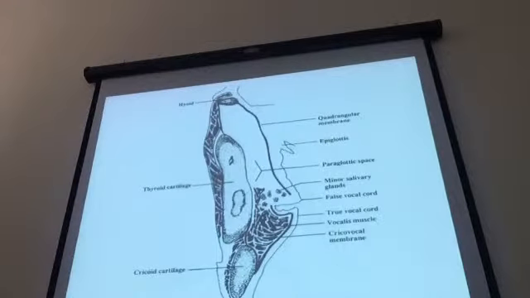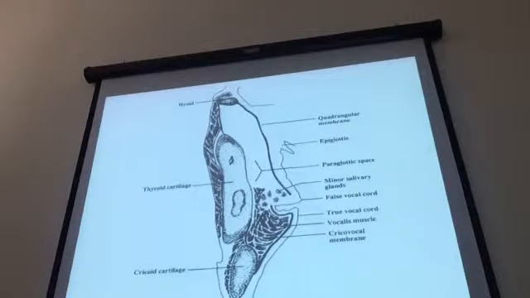Understanding the microscopic anatomy is also important because we realize that tumors may dissect this direction. They usually have a hard time getting through this membrane. So if a tumor has transgressed between the thyroid and cricoid cartilages, that usually is advanced stage.